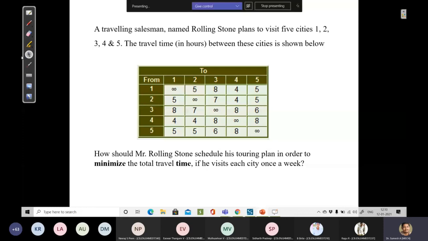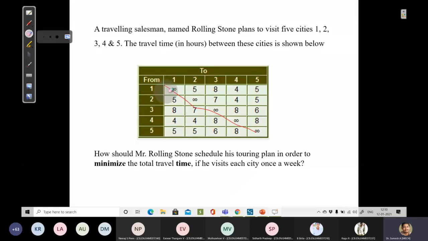You can see he can't move from 1 to 1. So always if the problem is a traveling salesman problem, the diagonal elements shown over there will be infinite.